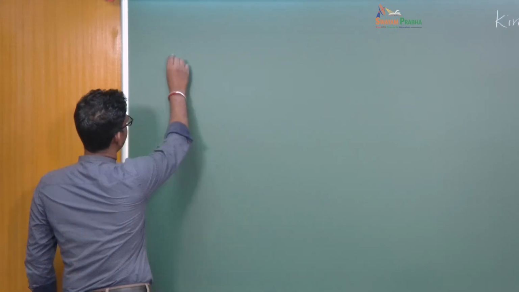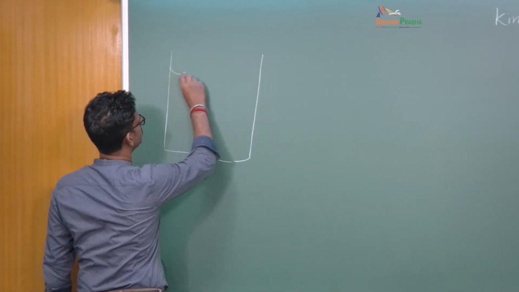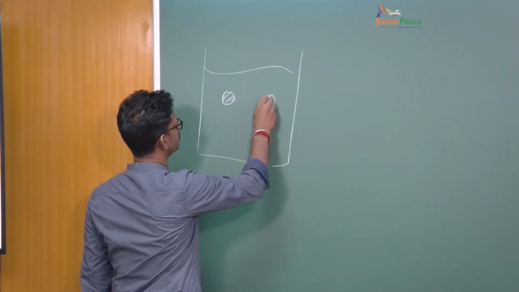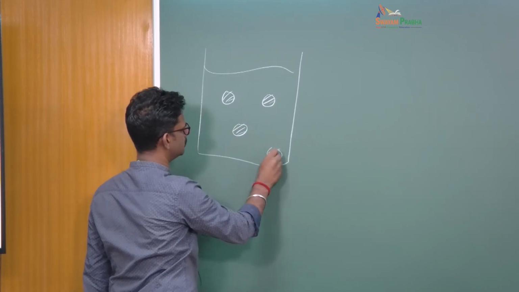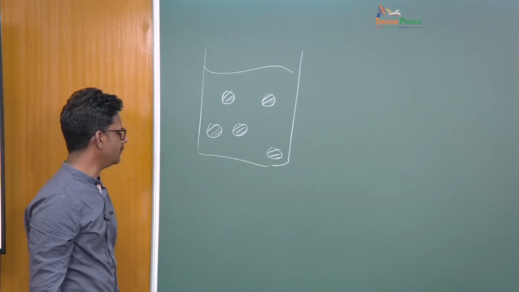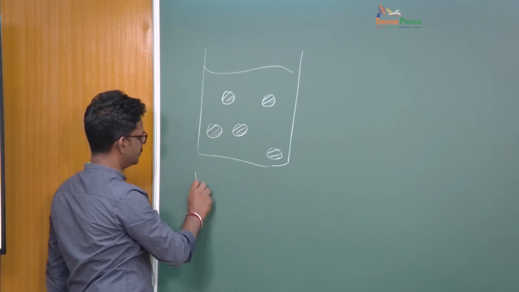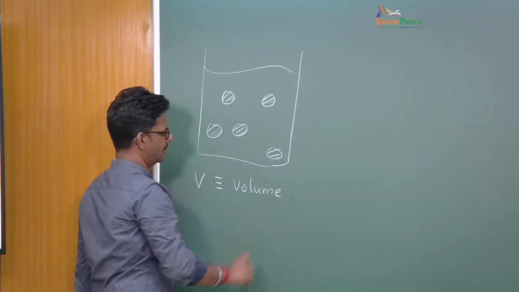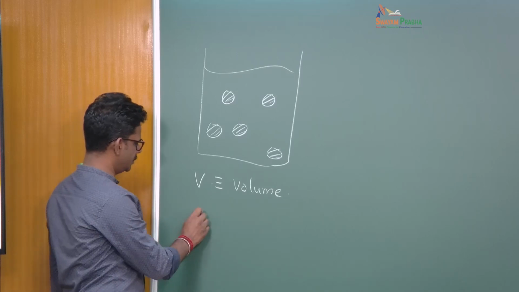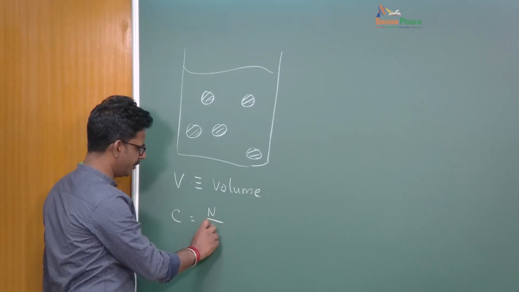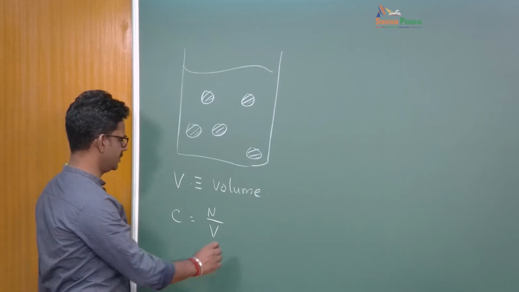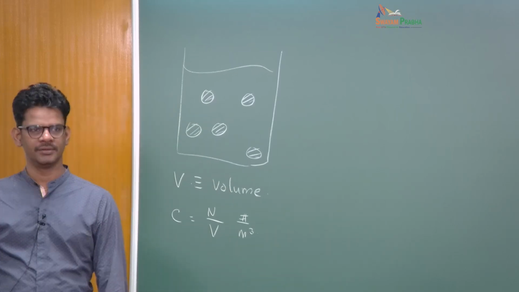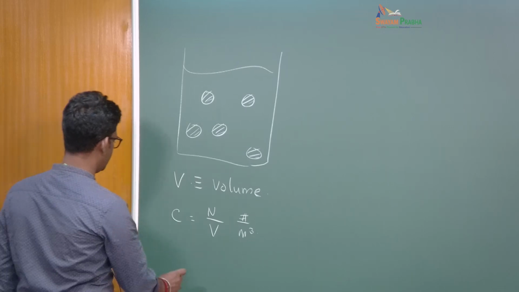So the problem statement here is, we have a solution containing particles. We say that the volume of this solution is some V. And the concentration of the particles, which is the number of particles per unit volume, is specified, something like number of particles per meter cube, and the temperature can also be specified.